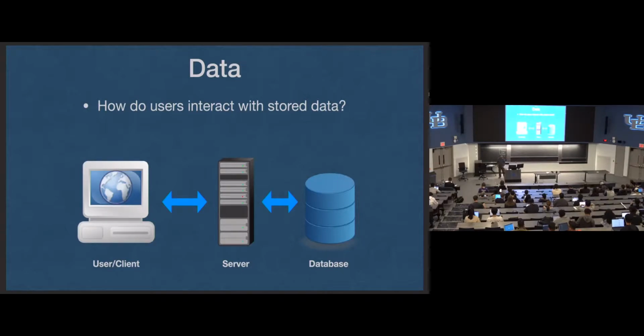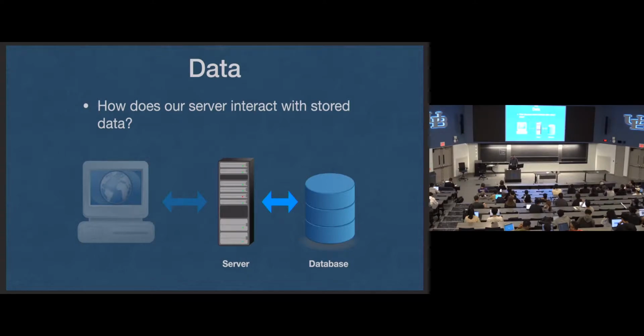So our users can only interact with our server, and only our server can interact with our database. We're not going to give our users direct access to the database for a multitude of reasons. 1, they're going to break stuff, even unintentionally. But 2, privacy. Like, you have 0 privacy at that point. We're not giving them access to the database. Server can access the database. The users can only access our server.